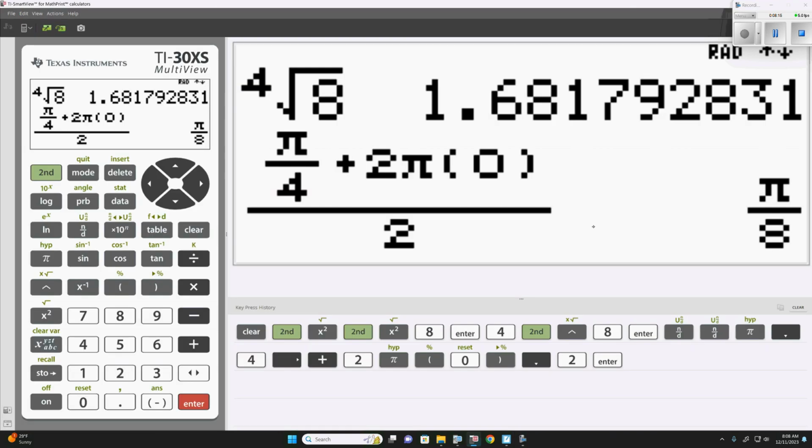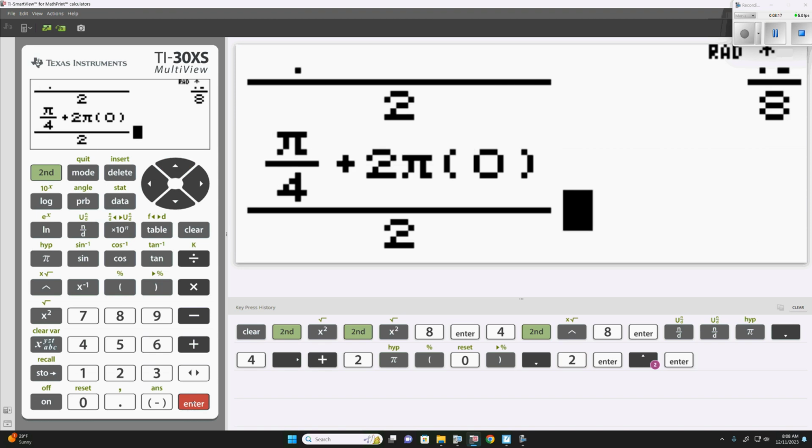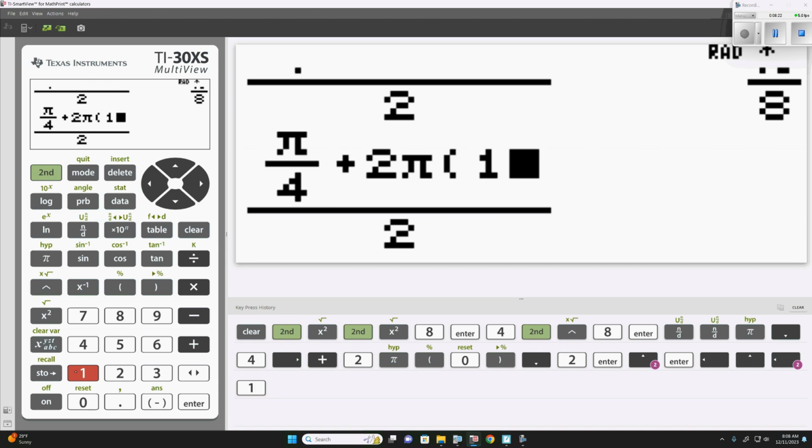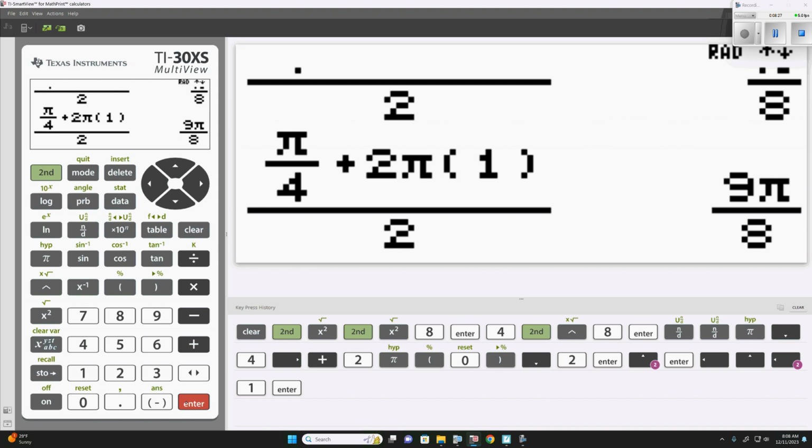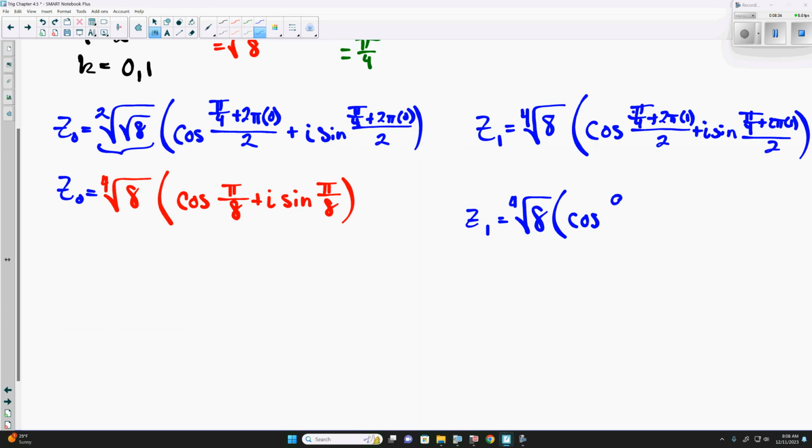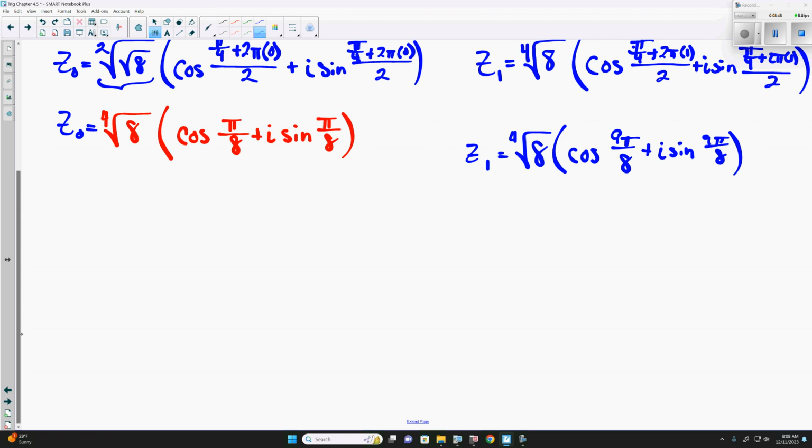And this is the main reason I still put in 2 pi times 0. Is because I can copy it down, change it from 0 to 1, hit enter, and now I have 9 pi over 8. I only have to type it in once. And we have both of our expressions. Questions on this so far?